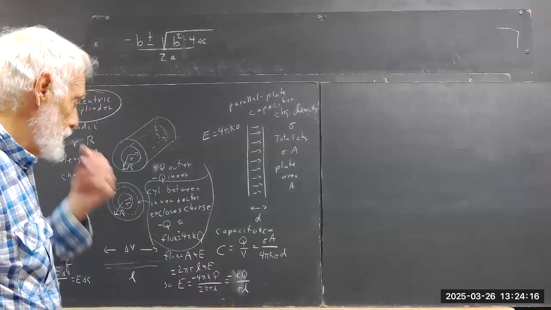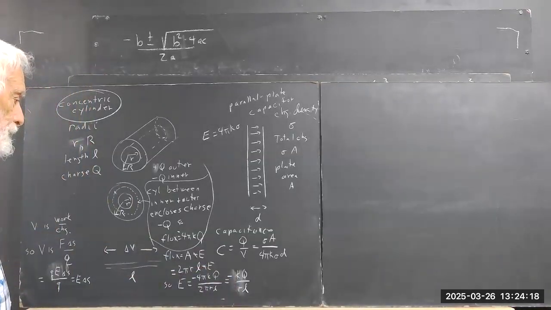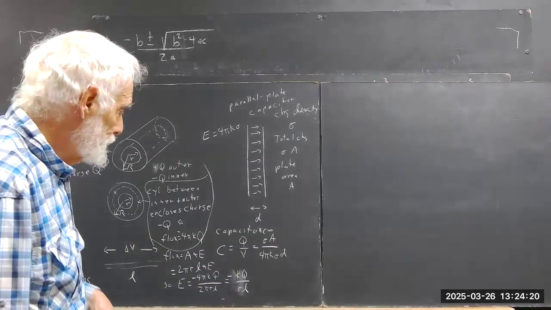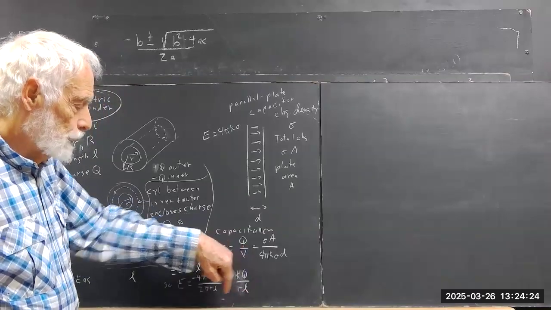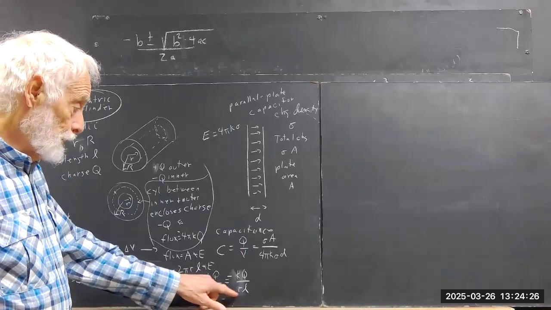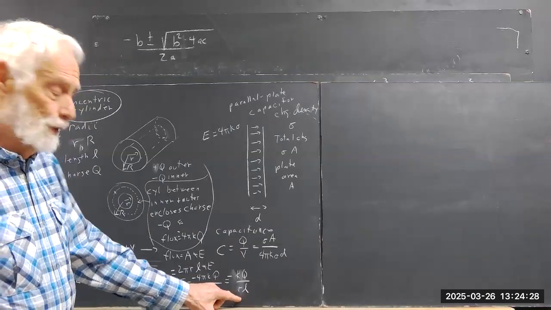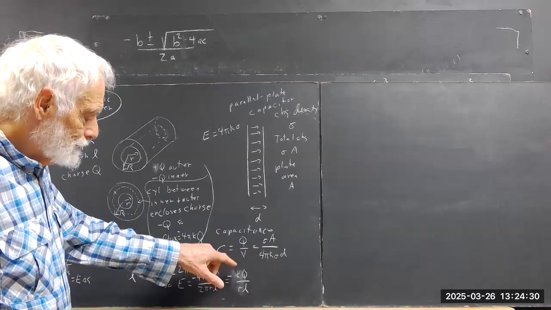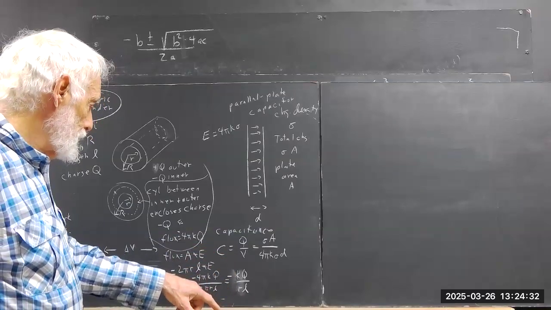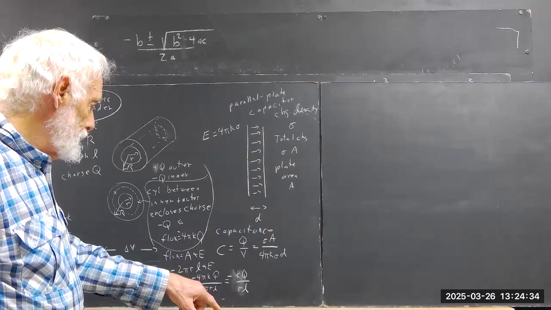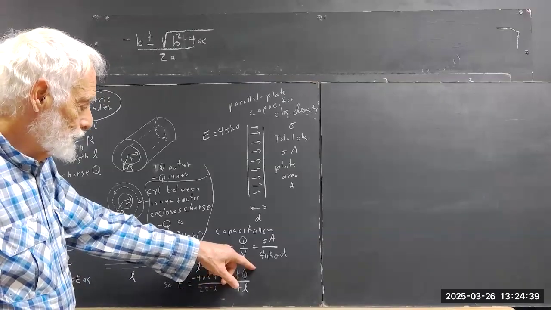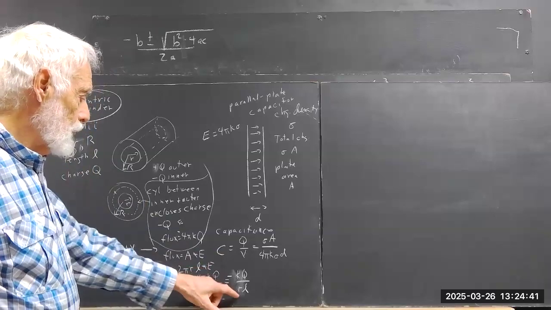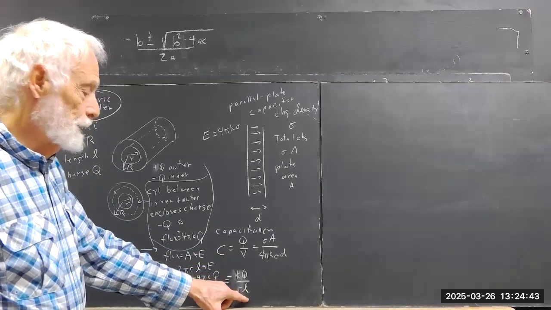So this has units of K times charge over length squared. This is a length, this is a length. That's like newton meters squared per coulomb squared times coulombs over meters times meters.